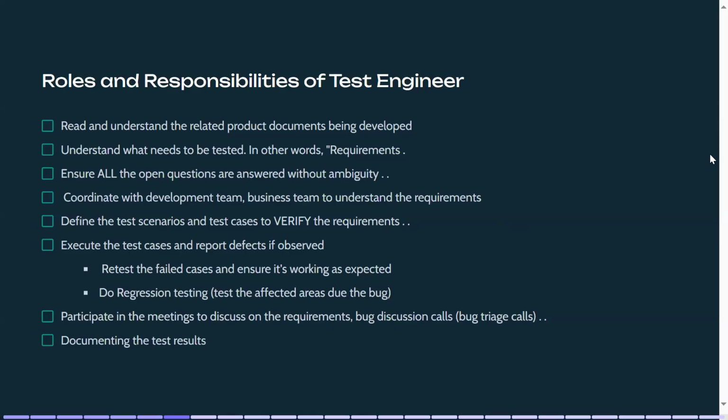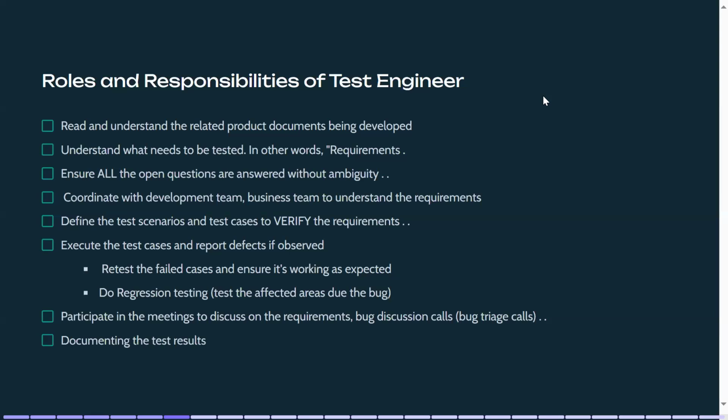And the other major responsibility is collaboration. What is collaboration here? Collaboration is nothing but you work with cross functional teams. There are n number of teams in your project. There is a development team, a business analyst, project managers, and stakeholders.